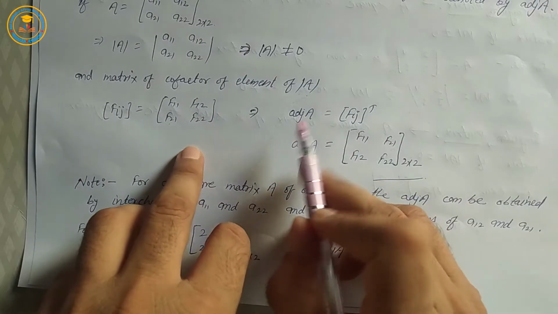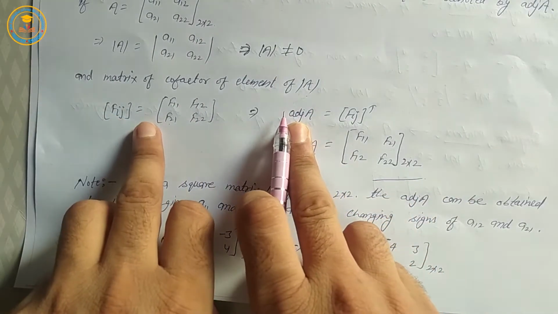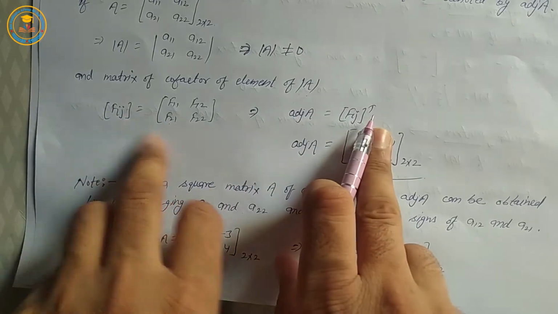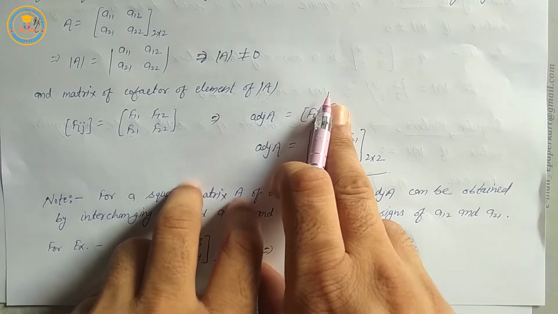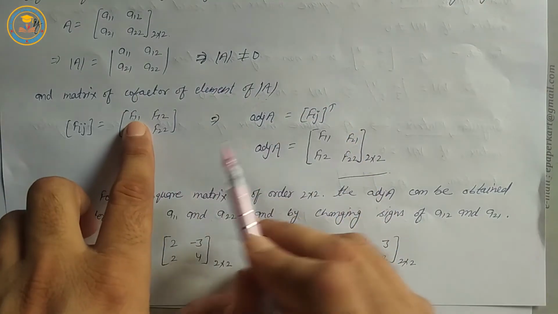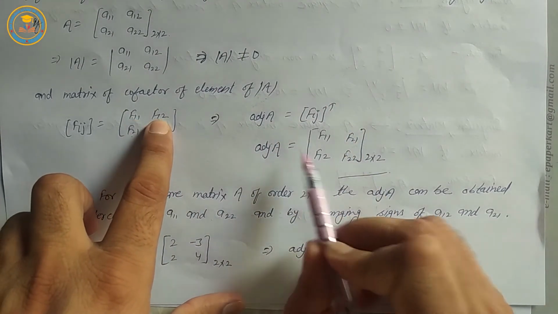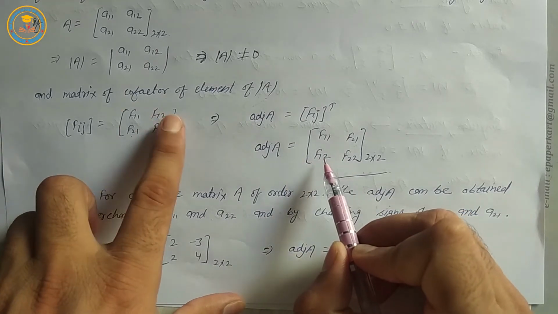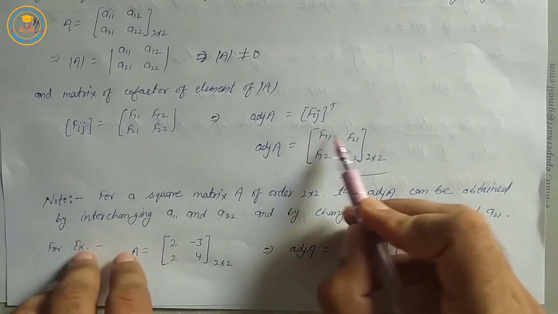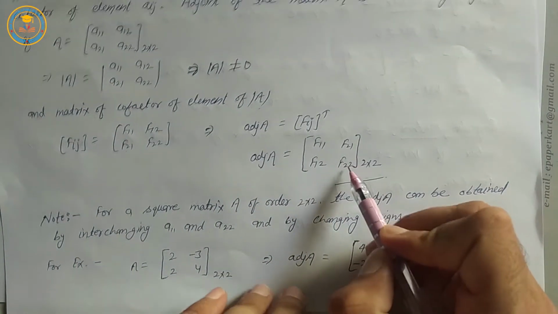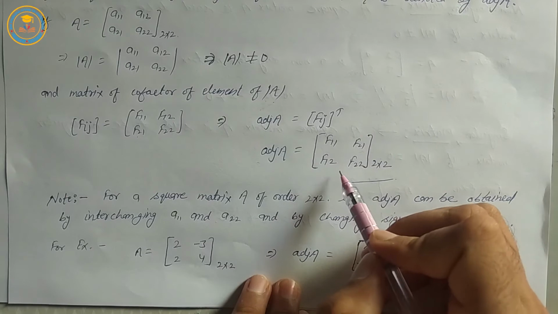Interchanging rows and columns of [F11, F12; F21, F22], 2 by 2, gives adjoint A.